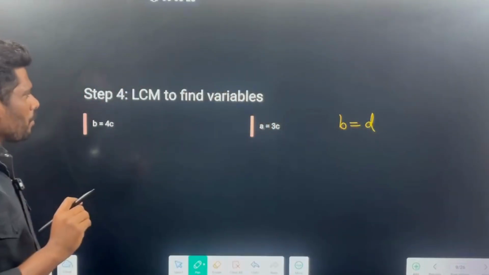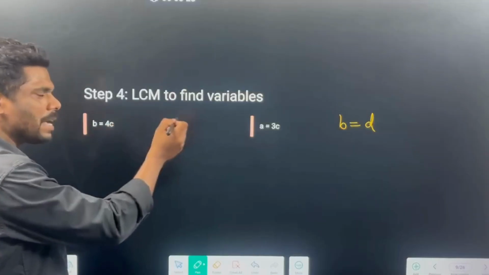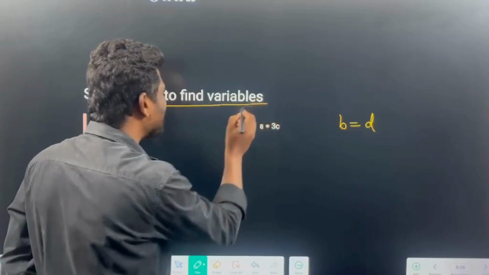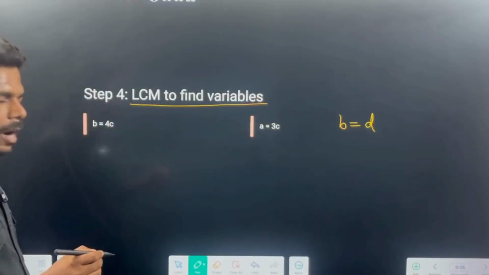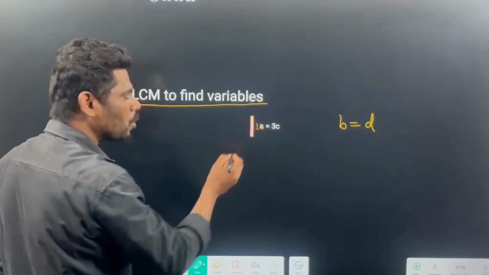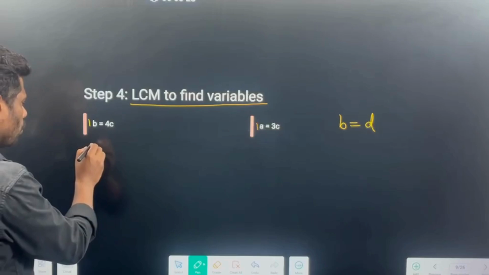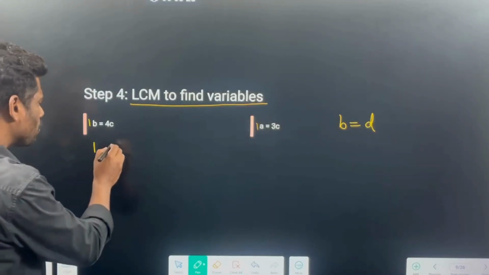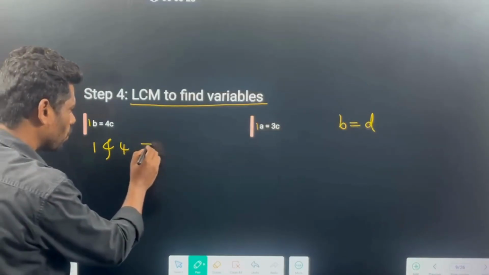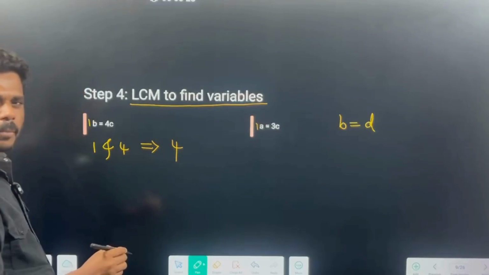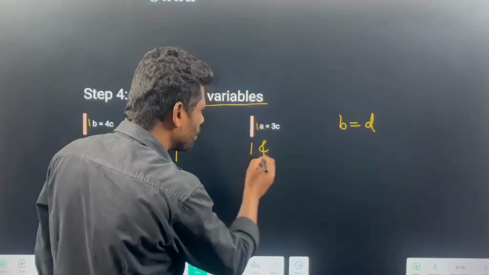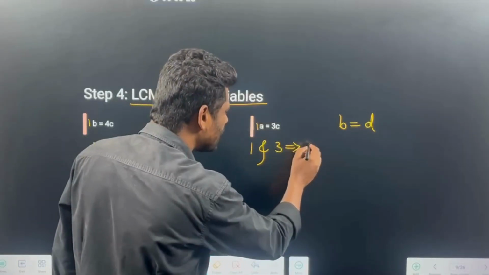Now in a simple step, we can find the values of A, B, C, D. For that, we are taking the LCM of the variables. How? See, this is 1B equals 4C and 1A equals 3C. Here, 1 is the number with B, 4 is the number with C. The LCM of 1 and 4, we know very well, is 4. In the same way, there are two numbers here, 1 and 3, whose LCM is 3.